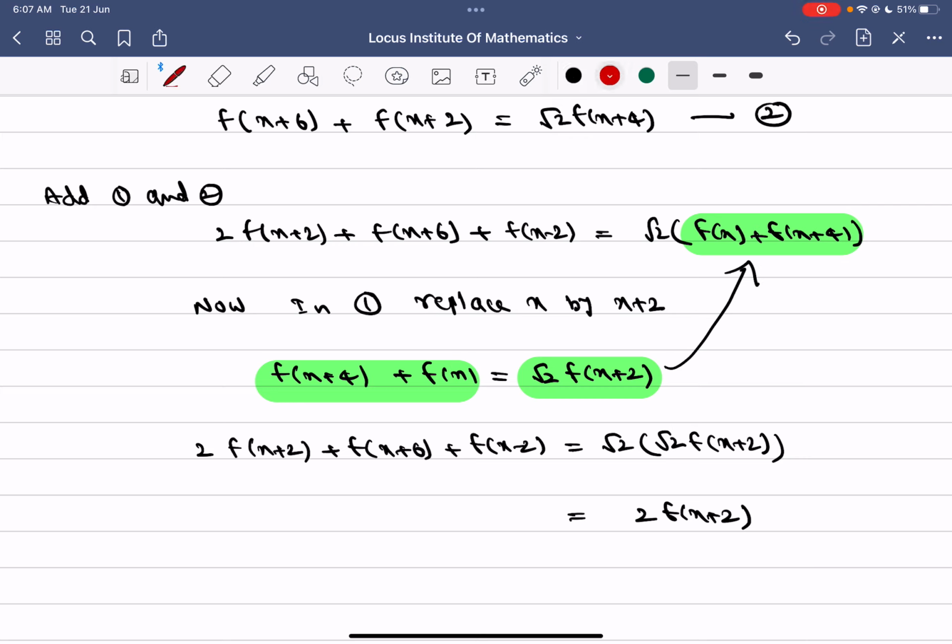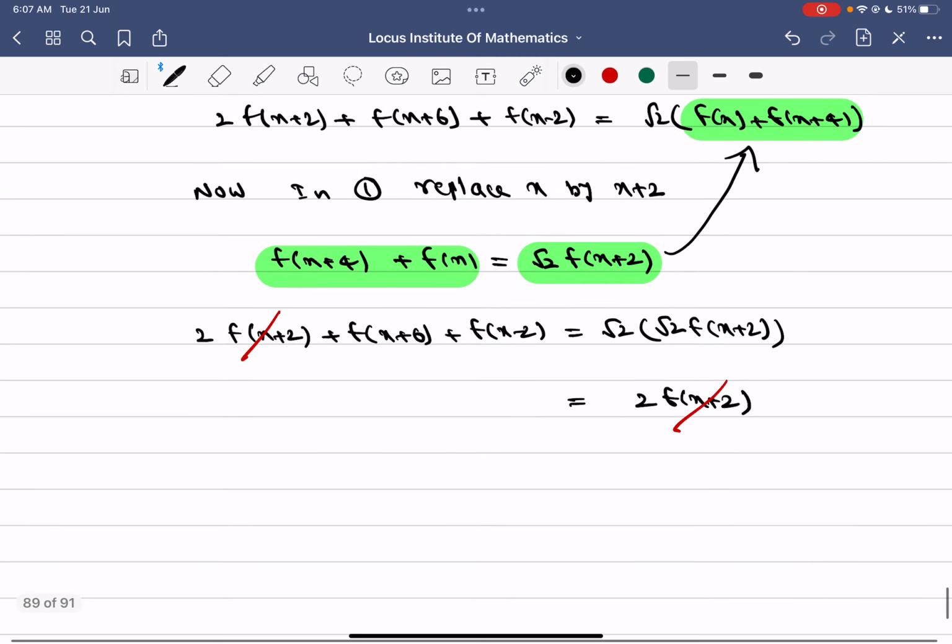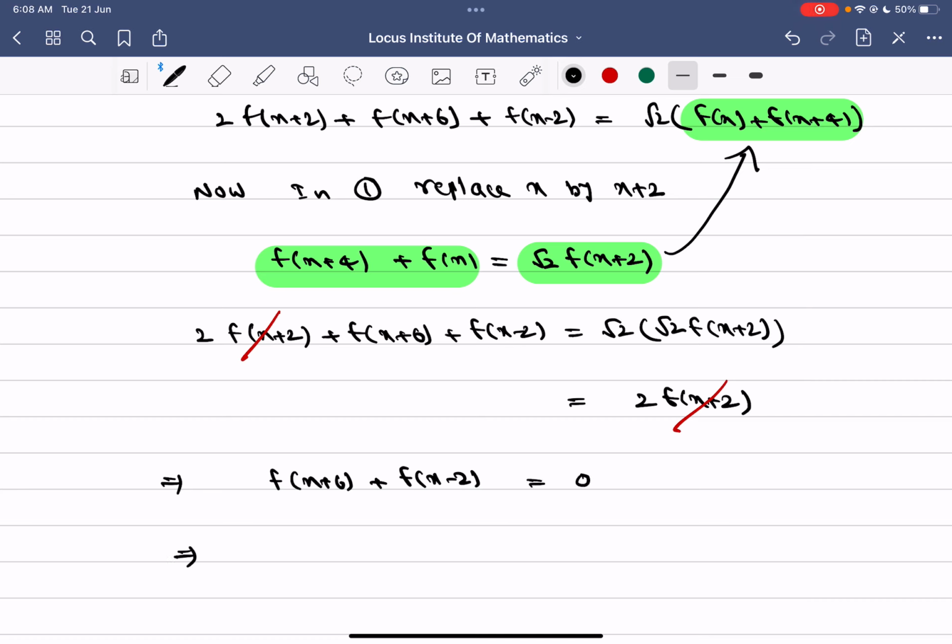Now the 2 times f of x plus 2 cancel, then you are left with f of x plus 6 plus f of x minus 2 is equal to 0. Give this the number 3.